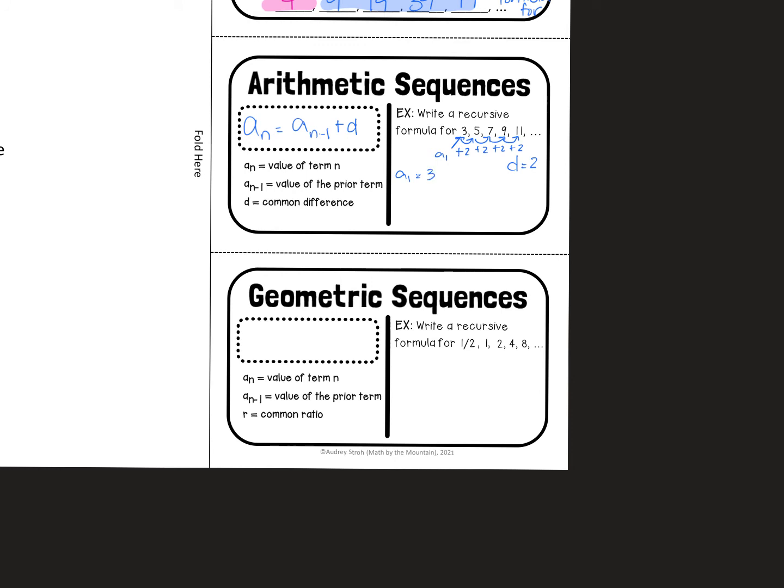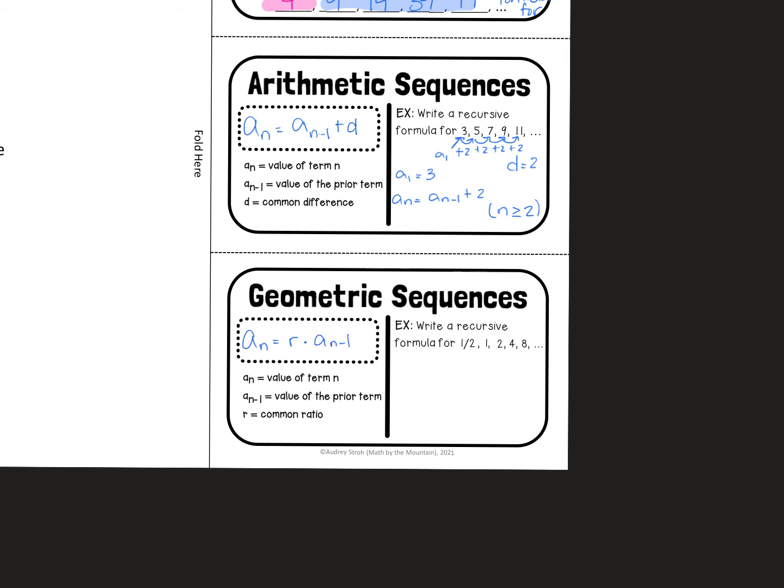So a n is equal to a n minus 1 plus 2, where n is greater than or equal to 2. If I look at that very bottom box, geometric sequence is what we were just working on the other page. A n is equal to r times a n minus 1.